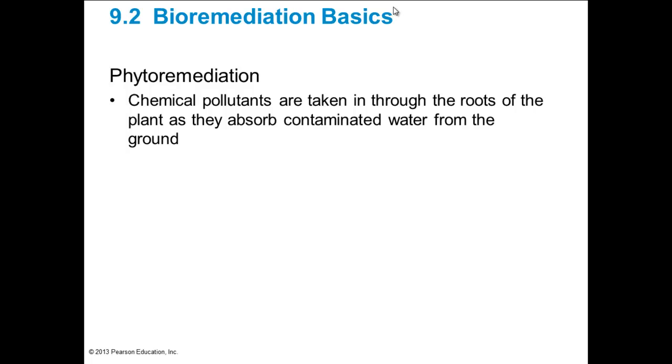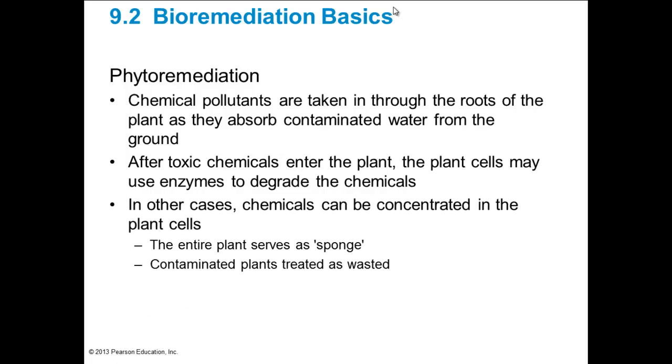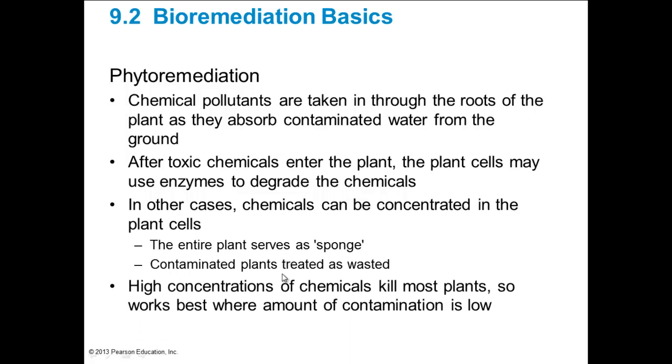So chemical pollutants are taken through the roots of the plants as they absorb the water. The plants may use enzymes to degrade the chemicals, or in the case of metals, just hyperaccumulate. So in the case of metals, the chemicals can be concentrated in the plant cells. The plant serves as a sponge, and the contaminated plants are removed from the site and treated as waste. Okay.